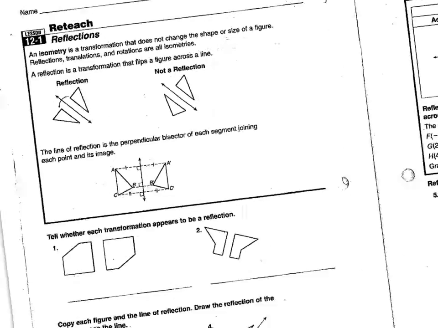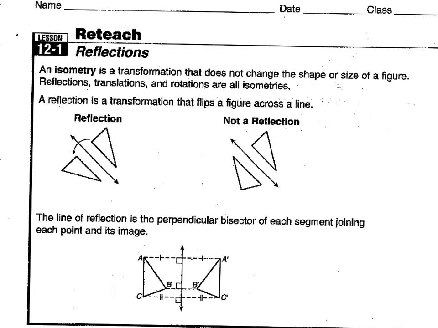Notice that here it says an isometry is a transformation that does not change the shape or size of the figure. Reflection is an isometry, a translation is an isometry, a rotation is an isometry. But the one that is not an isometry is dilation.